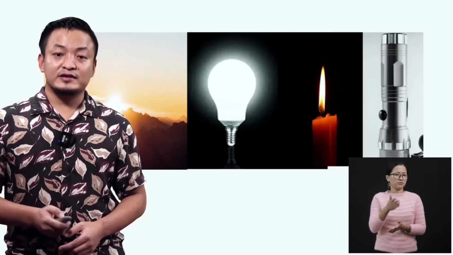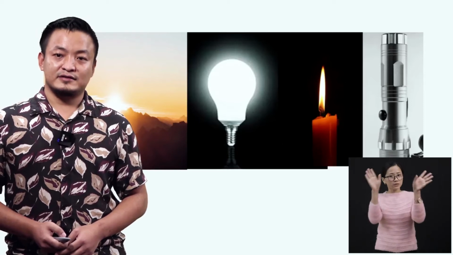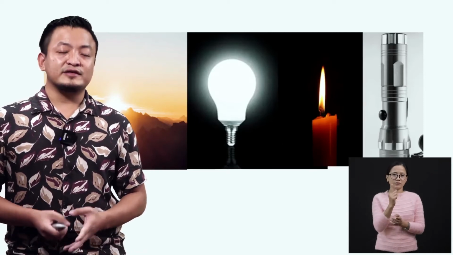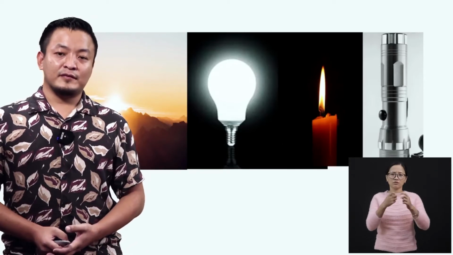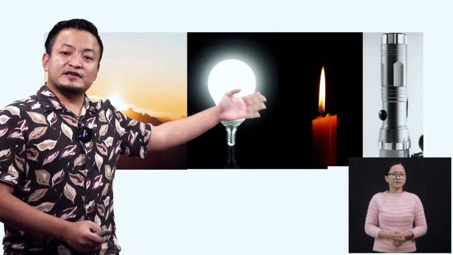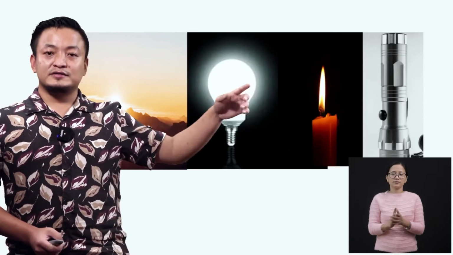Let's say at night when there is no current, when the sun sets, nothing is visible, right? So we need light. And light can be in different forms. Now, this is a candle, this is a torchlight, right?